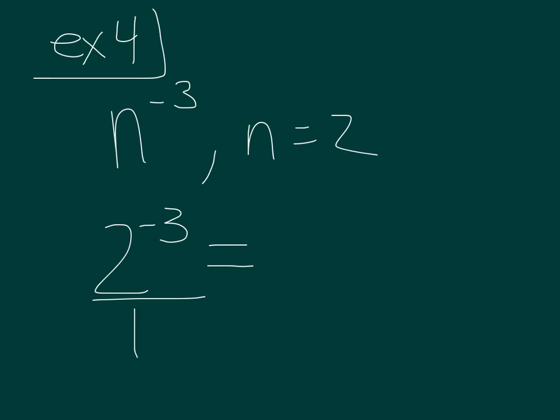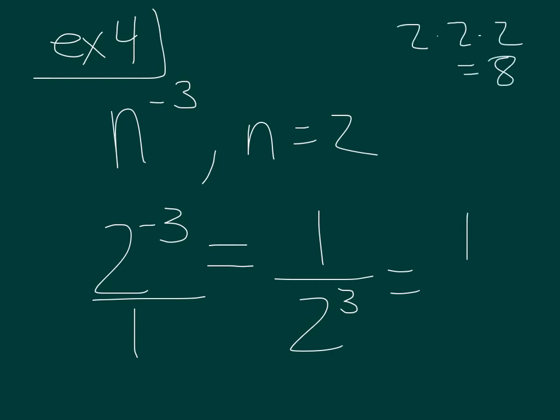It might already be in a fraction, but put it in a fraction if it's not, and flip it to the other side and make the exponent positive, or change the sign of it. So what is 2 to the third power? 2 times 2 times 2 is 8, so this is 1 over 8 as the answer.